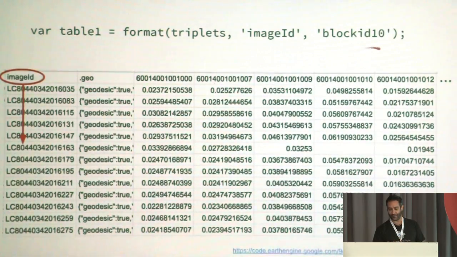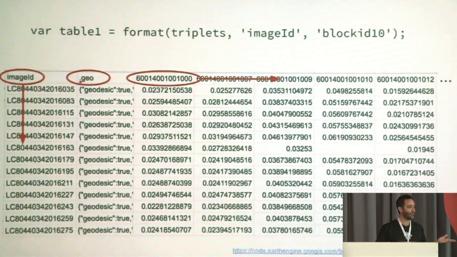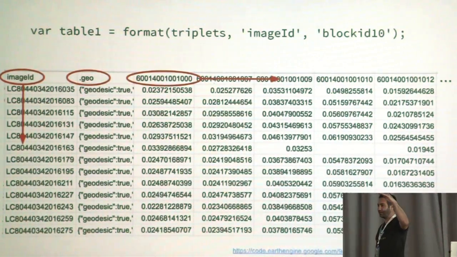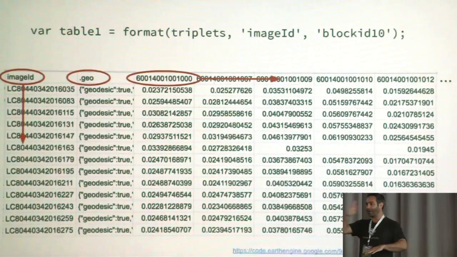The third argument here is the column ID, and we're saying that we want the column ID to be the census block ID, and here they are arranged in columns. There's also a table of geometries here, which you may or may not want to keep. But this is the structure of those triplets where images are rows and blocks are columns.